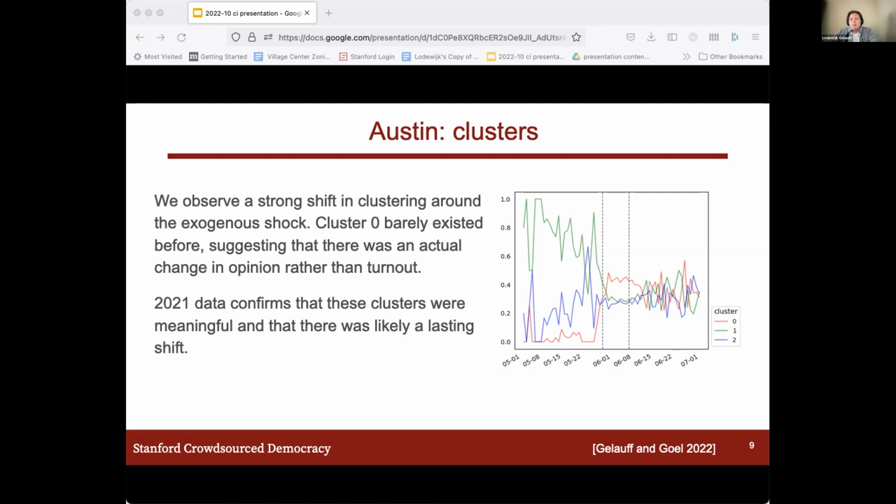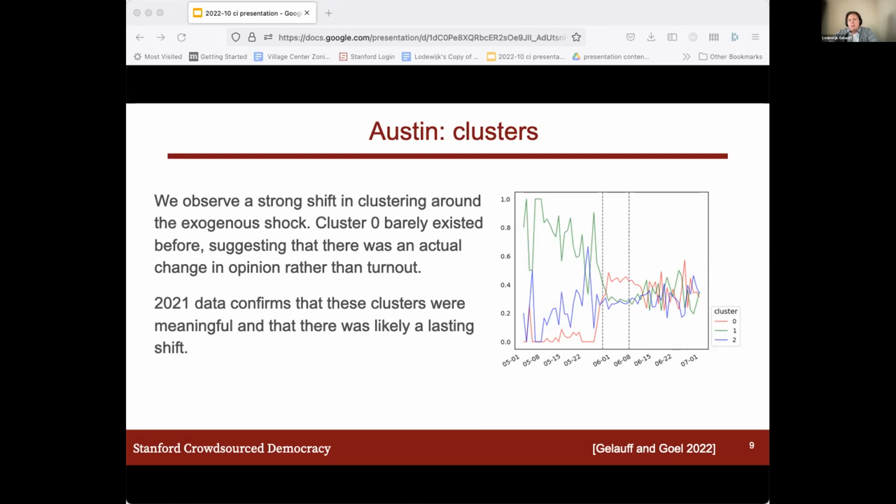While the cluster that was least in support of cutting police funding, which would be cluster 1, the green one, was dominating at that time period. And after that shock, you really see a big shift in how these clusters were existing compared to each other.